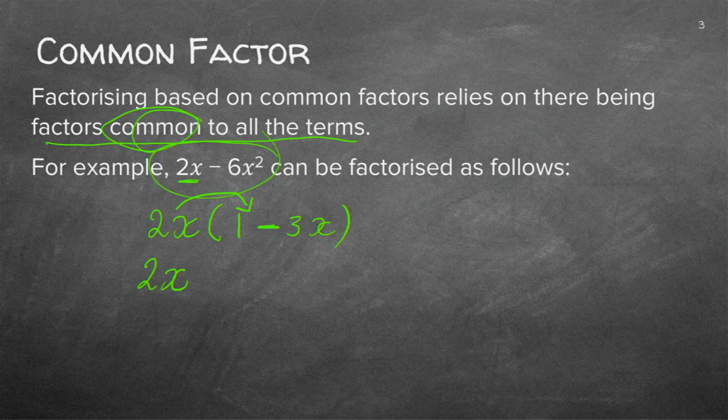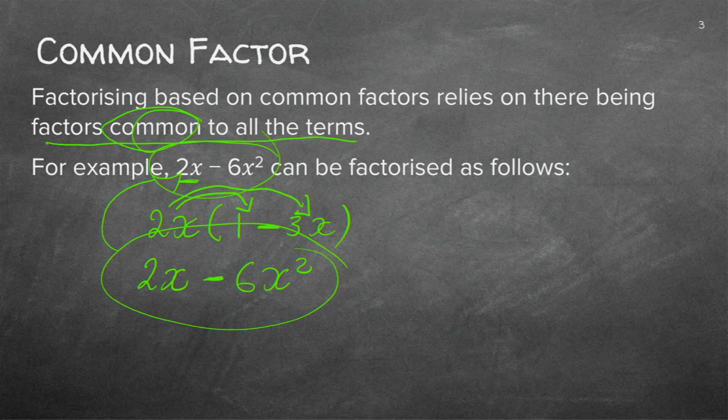If I multiply 2x and negative 3, I'll be left with minus 6x squared.